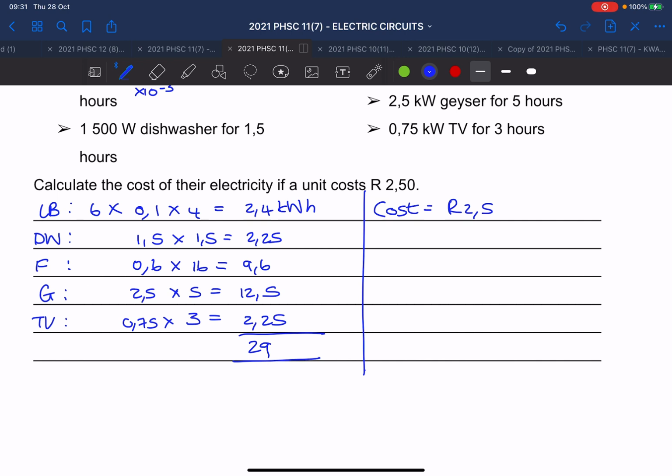So how much is it to run? That is what we're going to calculate now. If 1 unit is R2.50 and there's 29 units, how much will it cost you every day? R72.50 per day.